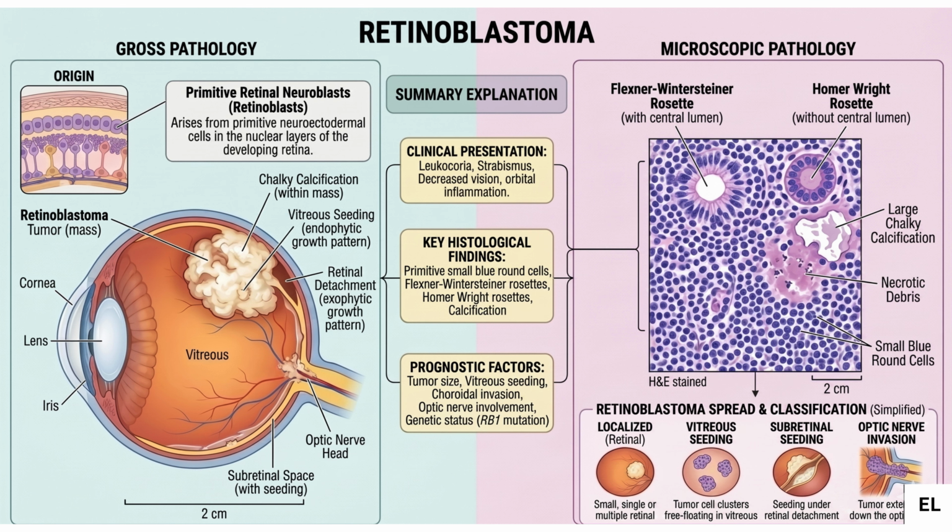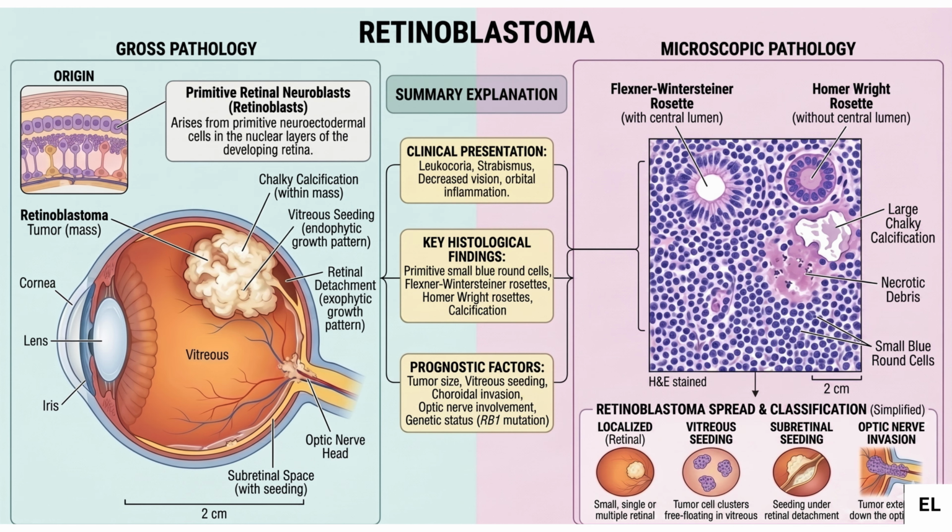The image further highlights the patterns of spread and classification. Localized disease remains confined to the retina and generally carries an excellent prognosis with modern treatment. As the tumor progresses, vitreous seeding may occur, where clusters of tumor cells float freely within the vitreous cavity.